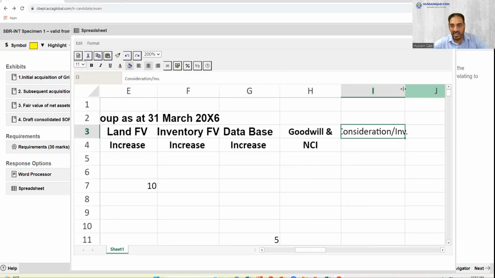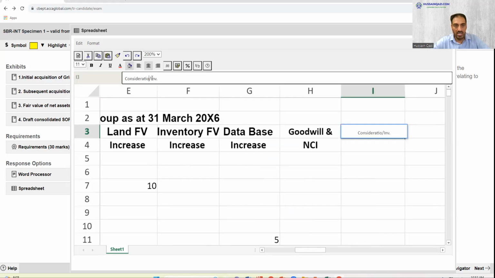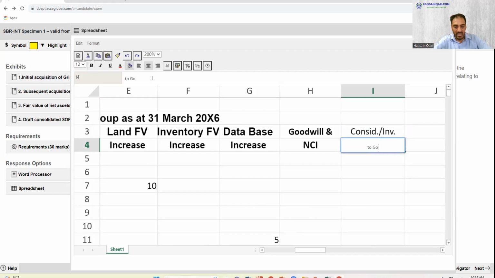Once you calculate goodwill, all the cost of investment needs to be closed with the goodwill account, because the double entry is this: all net assets debit, cost of investment credit.